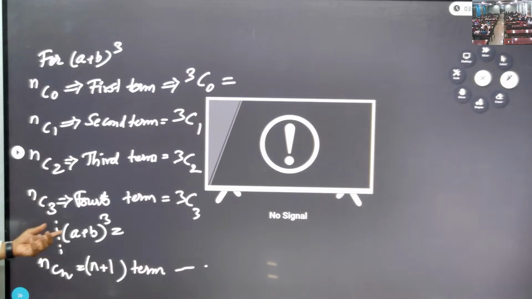What is the first value that we are going to get? We have to represent in the format of nC0, a value and b value.